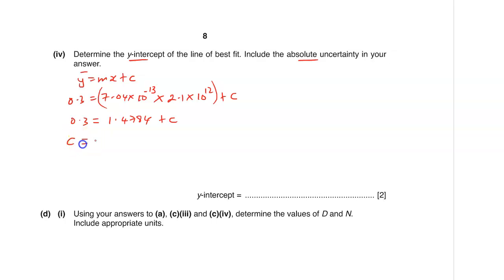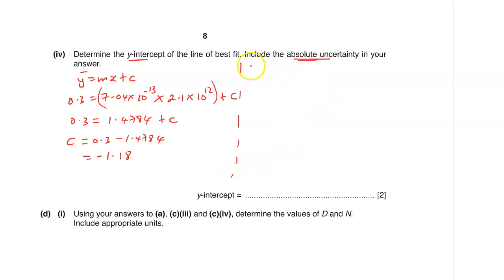Therefore, c equals 0.3 minus 1.4784. This gives us minus 1.18. That is c.